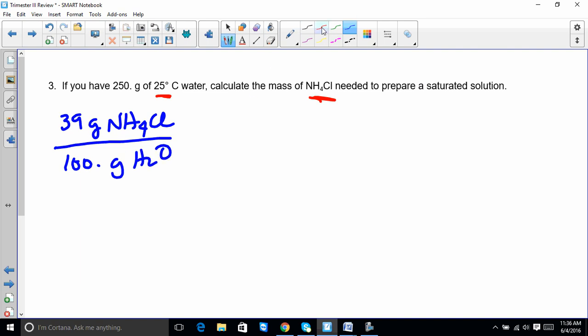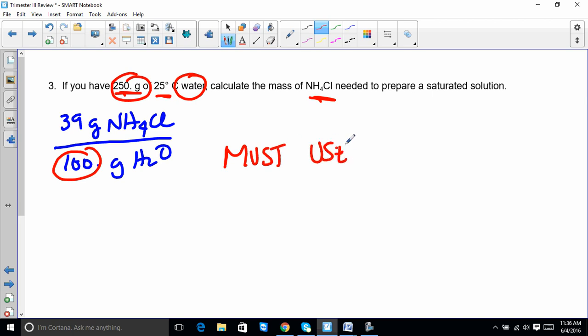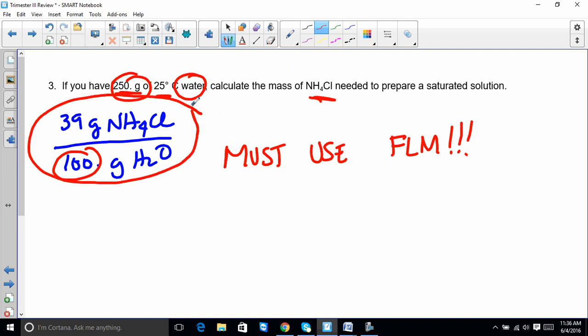Then I look for a water match. We do not have a water match. It doesn't say 100, it says 250 grams of water. You must use the factor label method. Now, this is the conversion factor. When you have to use a conversion factor, whatever came off the graph gets written down second, not first.